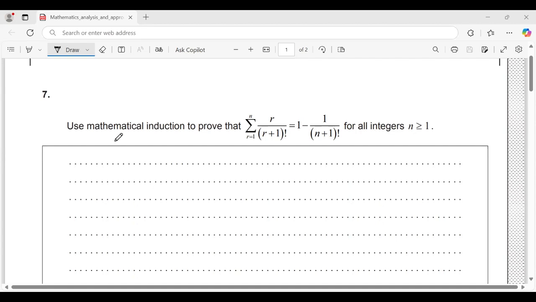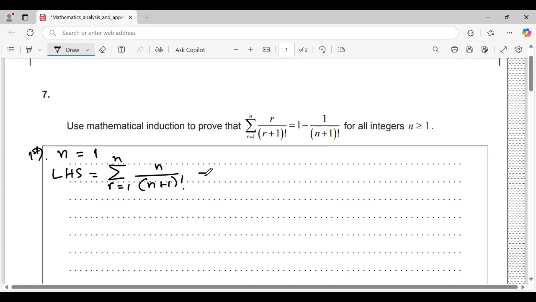So the first step to prove with mathematical induction: if n equals 1, the left-hand side becomes the sum of n over (n plus 1) factorial, which is 1 over (1 plus 1) factorial, 1 over 2.